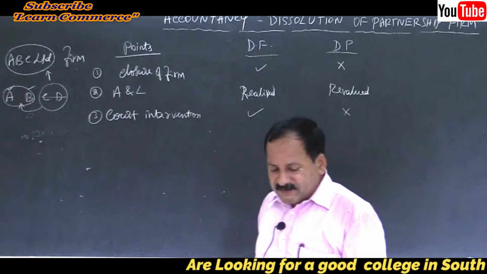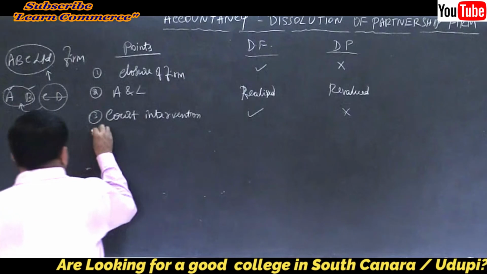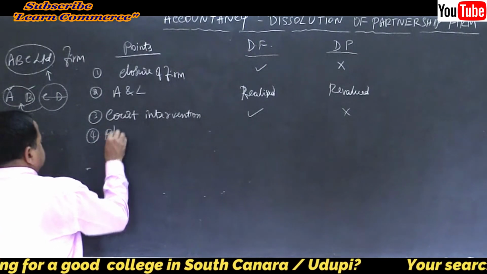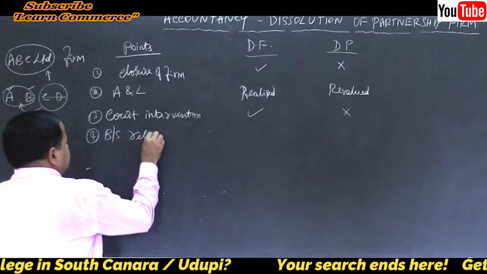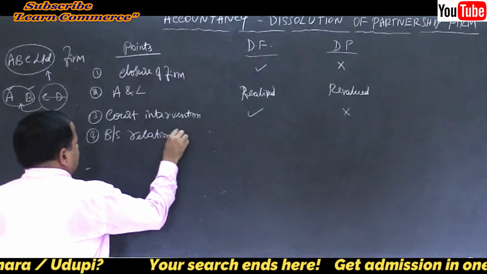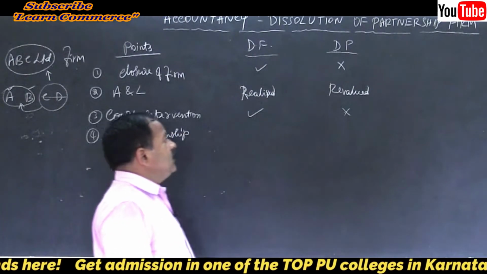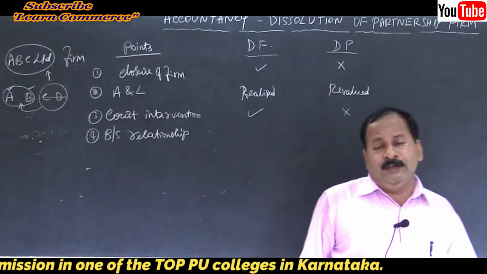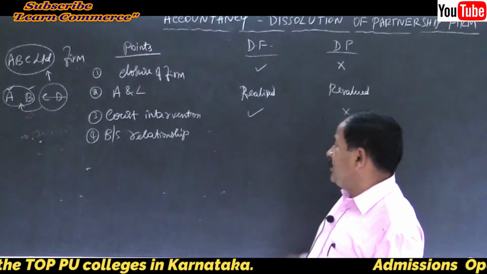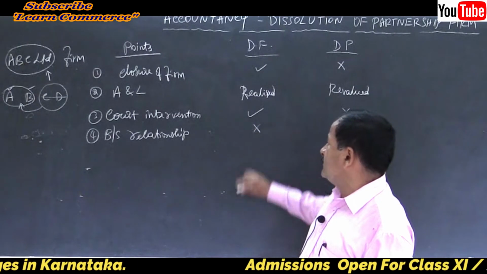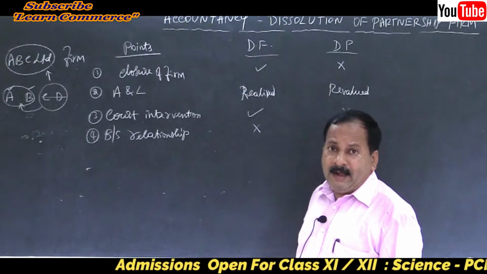Then the fourth one is business relationship. Whether there will be business relationship among the partners in case of dissolution of firm, whether the relation will continue. No, the business relation will come to an end.